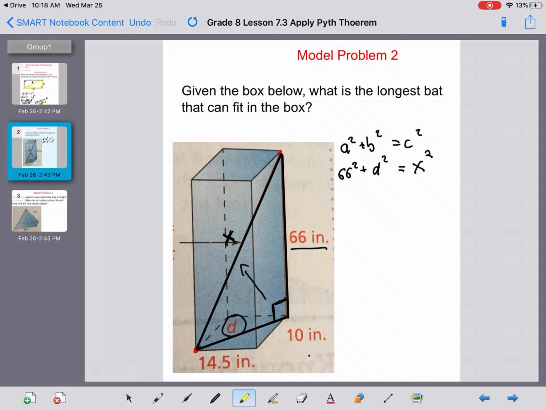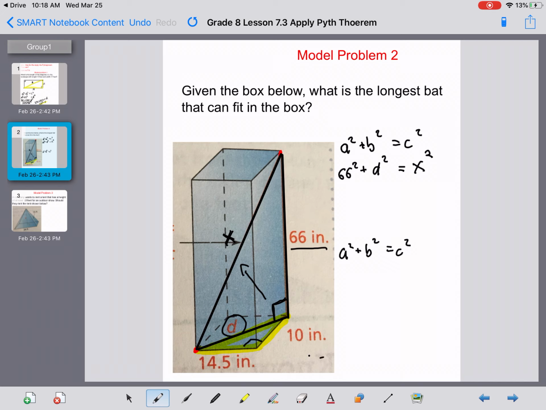Now I look and I notice that down here where d is, that's on the base of this box, which also forms another right triangle. So I can have a separate a squared plus b squared equals c squared.